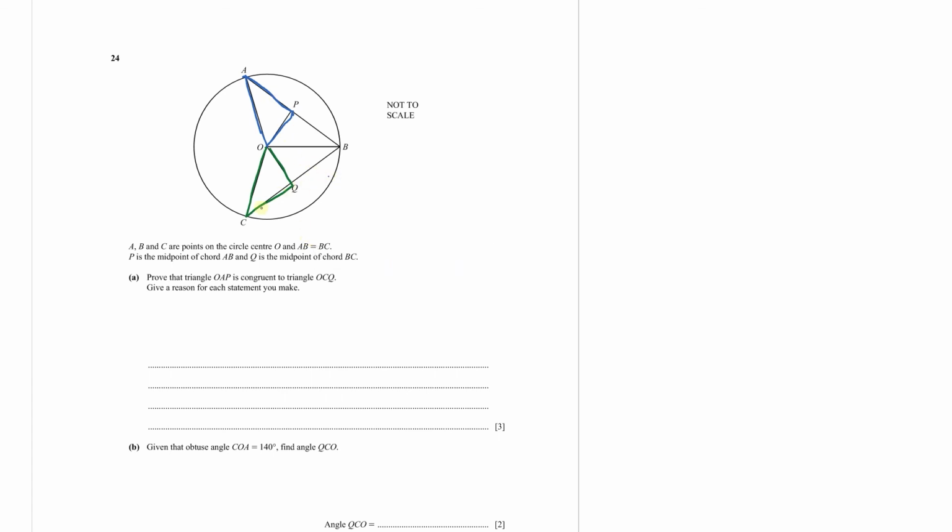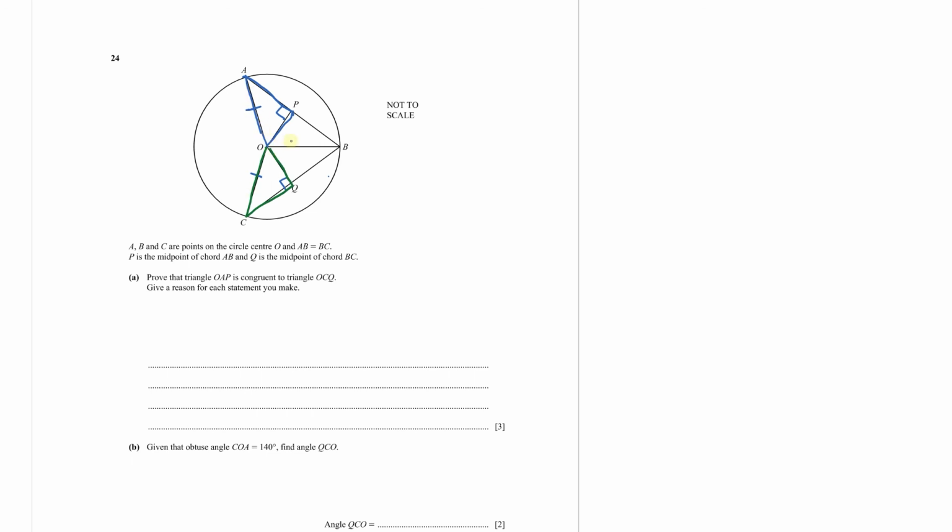So let's see. Since Q and P are both midpoints of the chords, the angle they make with the line coming from the center will be 90 degrees. So this is 90 degrees and this is 90 degrees as well. Length OA and length OC are equal because both are radii of the circle.